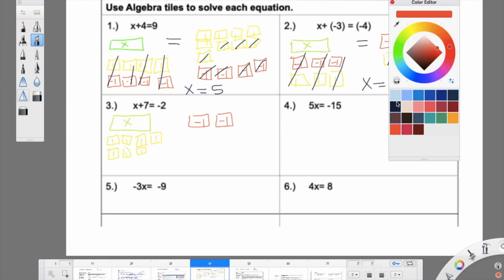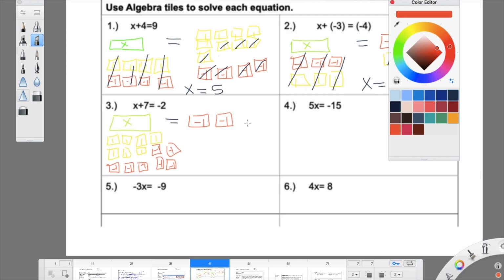Okay, so we want these 7 away from that x. So for each one, I need 1 negative on this side. So that means I'm going to have 7 negative 1s, and I don't have a whole lot of room here. 2, 3, 4, 5, 6, there's 7. Like that. So these will match up.